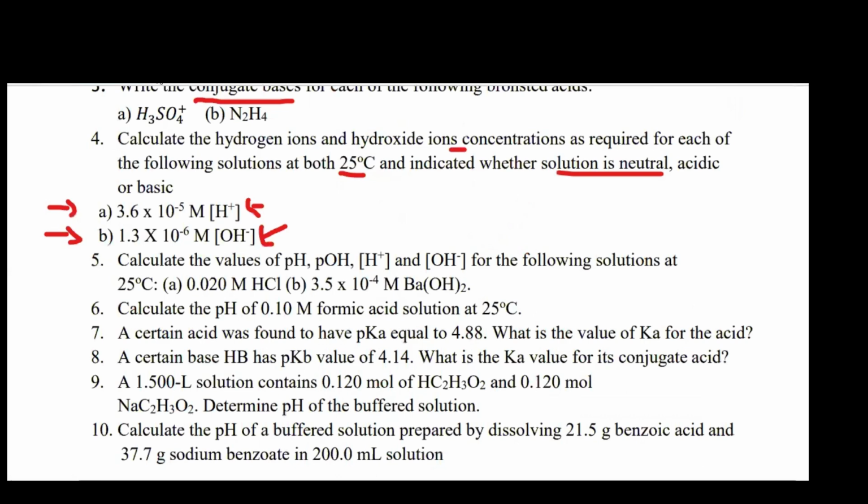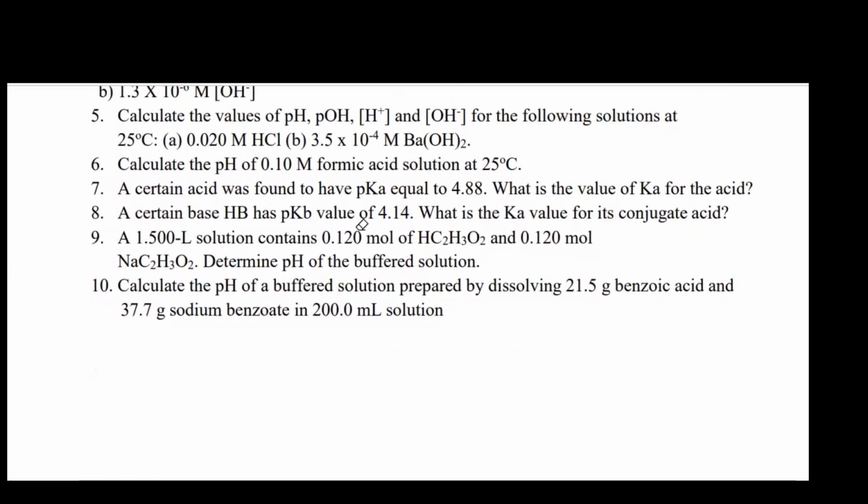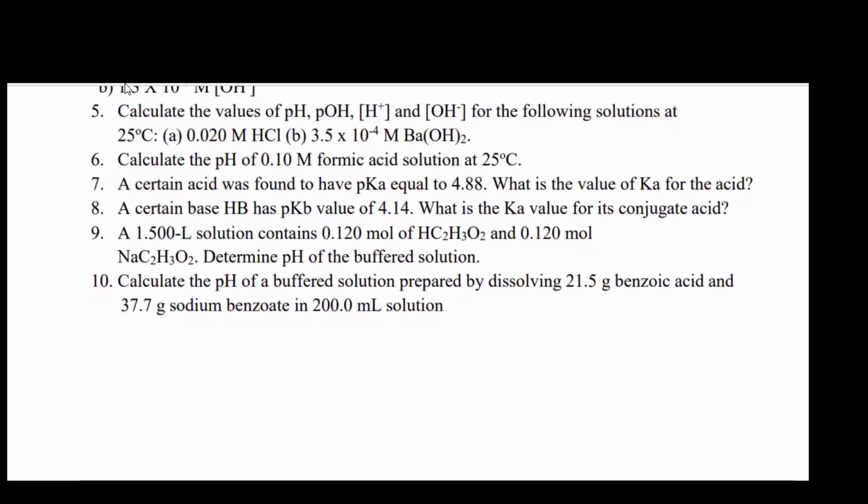What is it saying? What does it have for us? Okay, so question number 5 says, calculate the values of the pH, pOH, H plus, OH for the following solutions at 25 degrees Celsius. Here we are given a compound, not exactly the concentration of the H plus or the concentration of the OH.